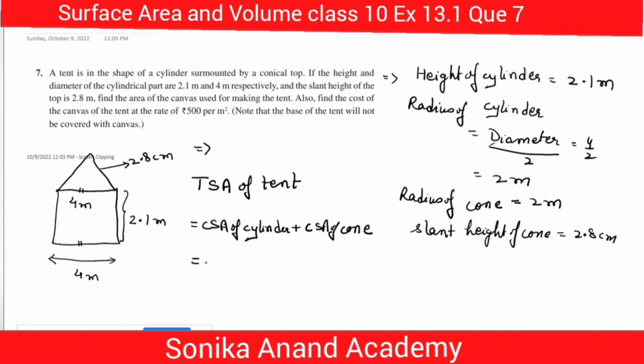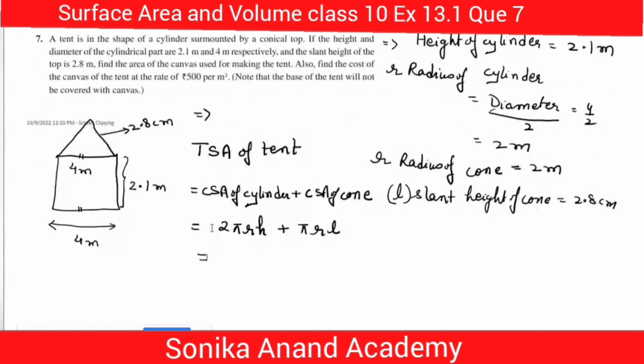So curved surface area of cylinder is 2 pi r h and of cone is pi r l. Now we can see that every data we have, this is height of cylinder, this is radius, and slant height is l. So we are simply substituting all the values over here.